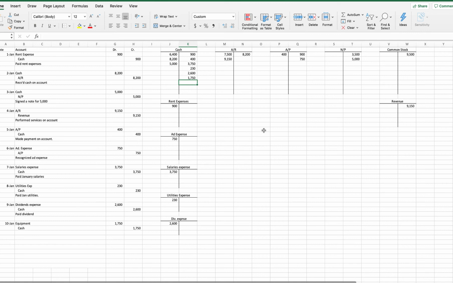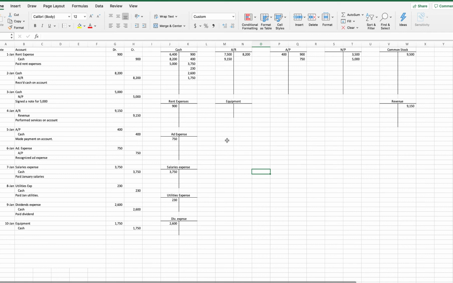I don't have an asset account yet called equipment, so I'm going to make one. Very easy. Merge and center, put in my bottom border, say equipment. And I'm going to put in my left border here just to make a T. Okay, so I need to go back to the journal.